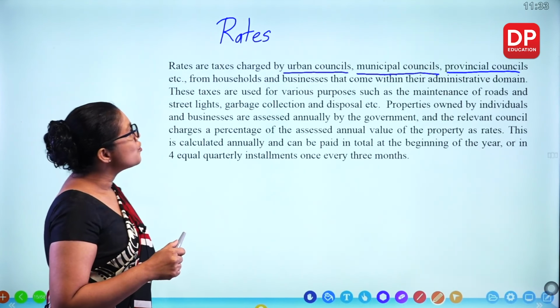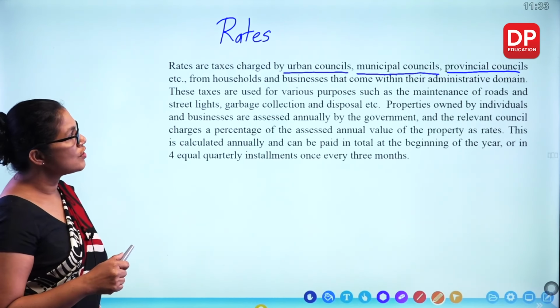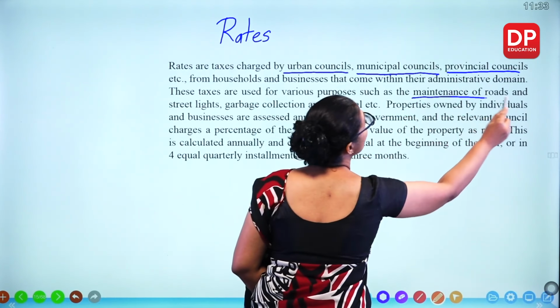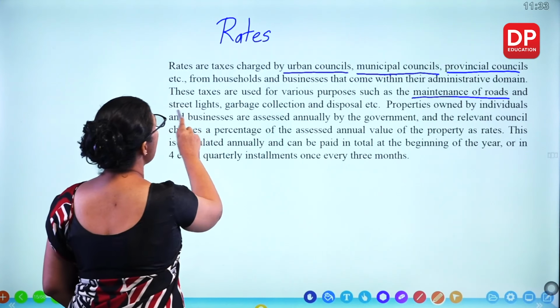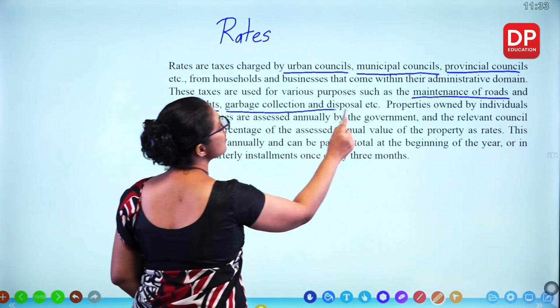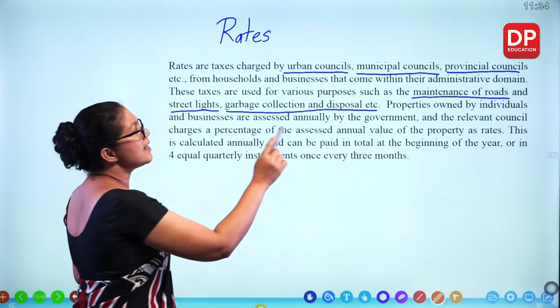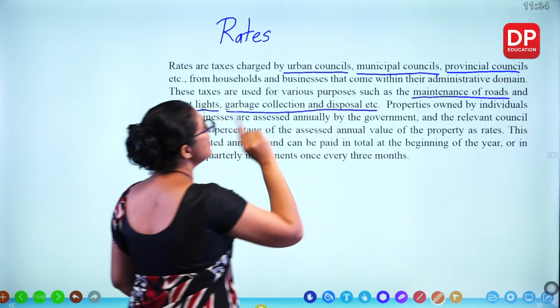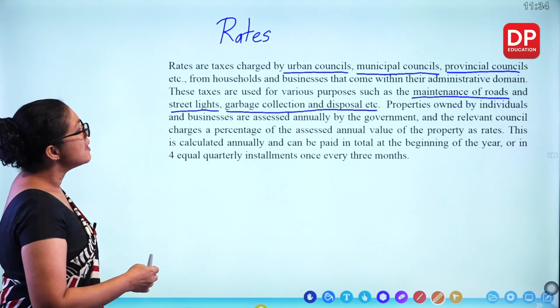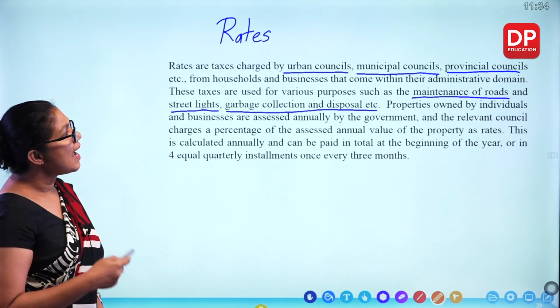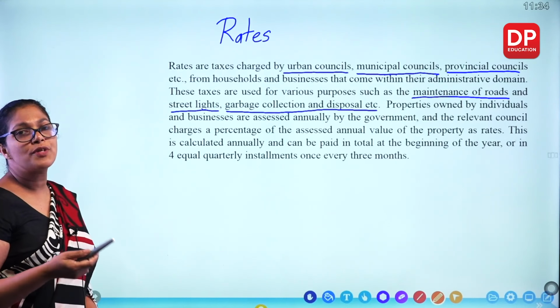These taxes are used for various purposes such as maintenance of roads and street lights and garbage collection and disposal. So what the government does, they collect the money and again spend it for garbage collection and disposal and road maintenance or street lights.